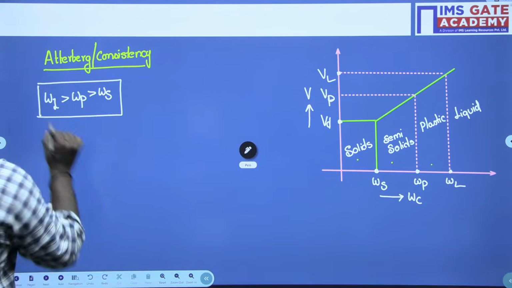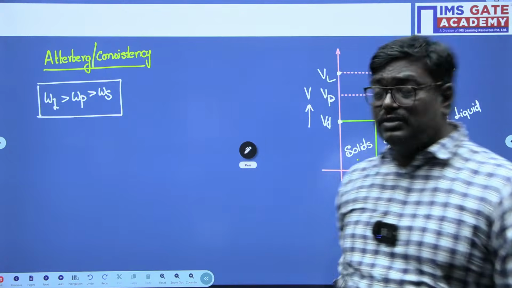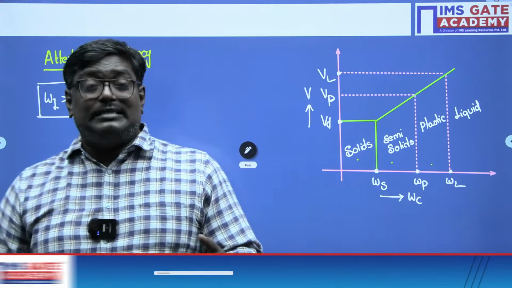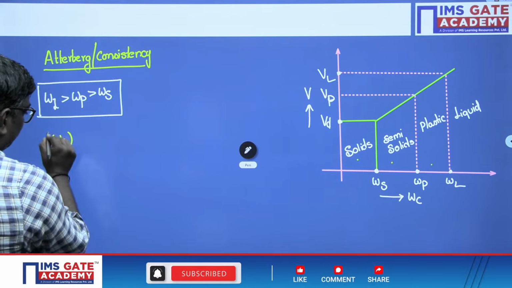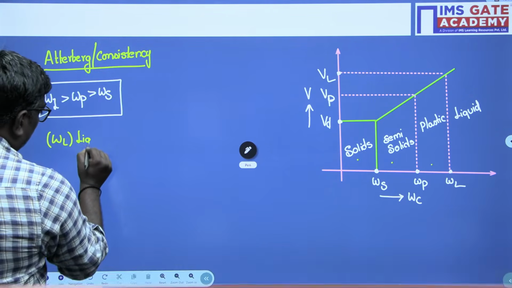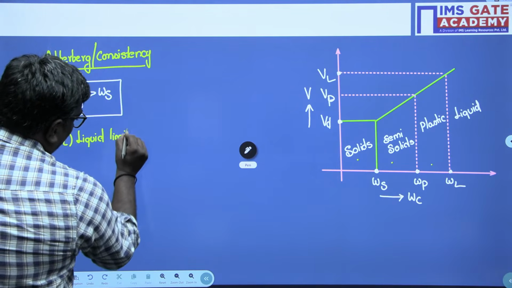This is important theory, and in some competitive exams you can see these questions. Now let us understand what is liquid limit. WL is nothing but the liquid limit.